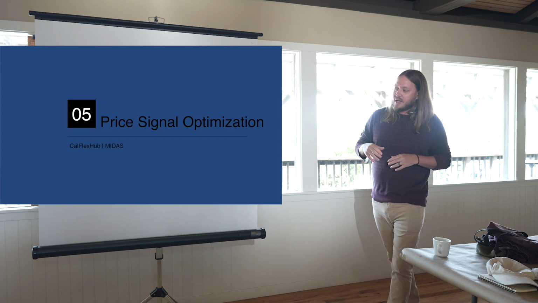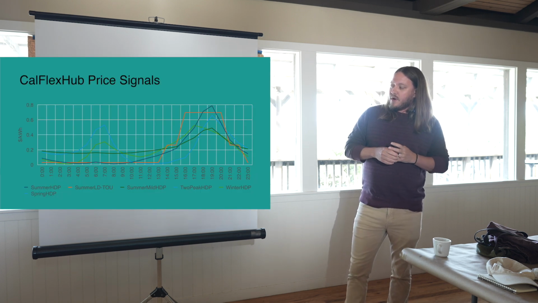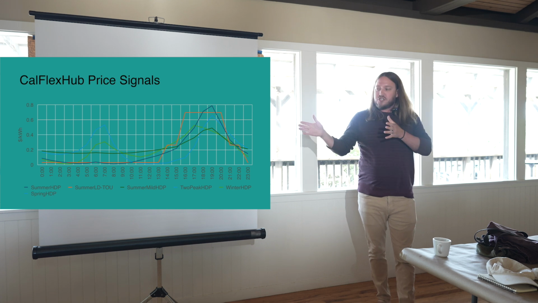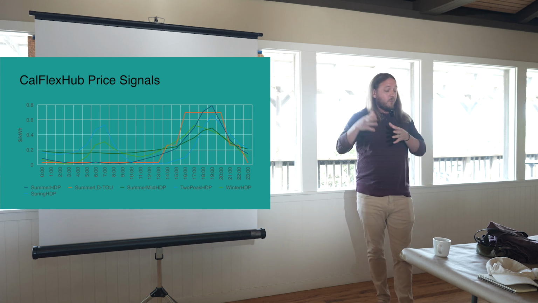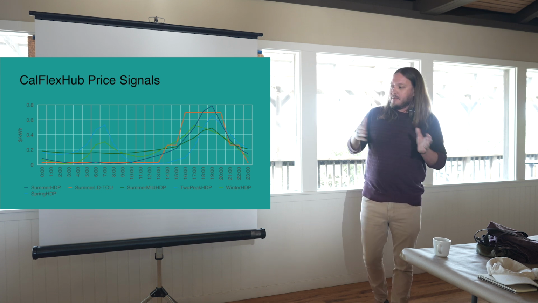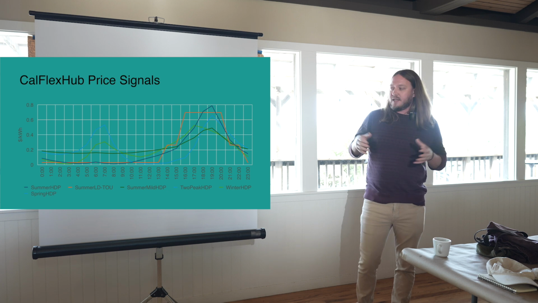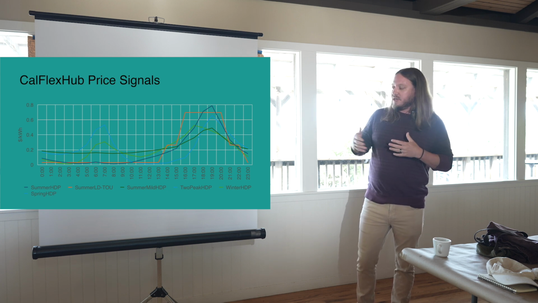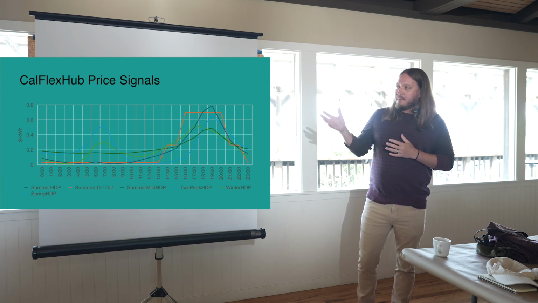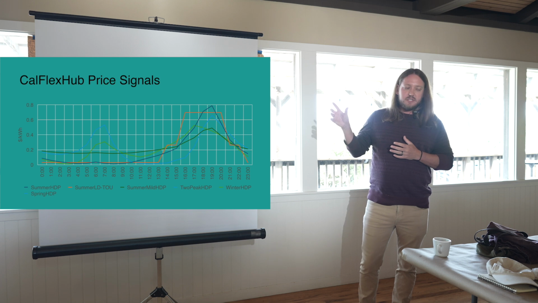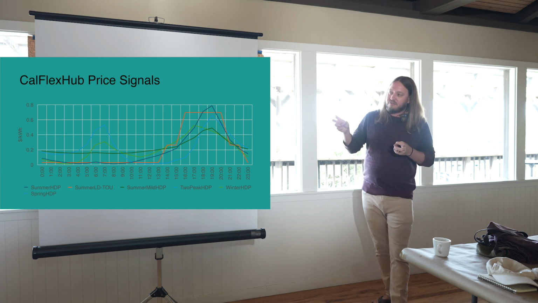All right, so let's recontextualize this. What are we actually trying to do? Next slide, please. So all we're trying to do here, again, is just shift when we're actually charging the tank to minimize costs, right? We don't want to be charging the tank at 5 p.m. when the grid is dirty. And we're doing that with a couple of different methods. One, we're using representative price signals from CalFlexHub.